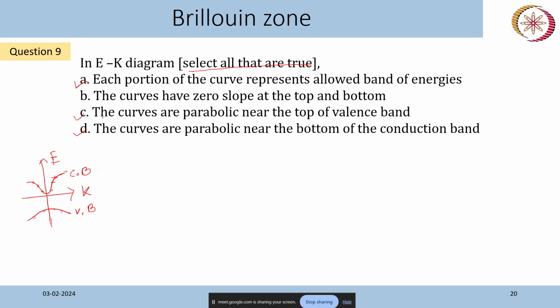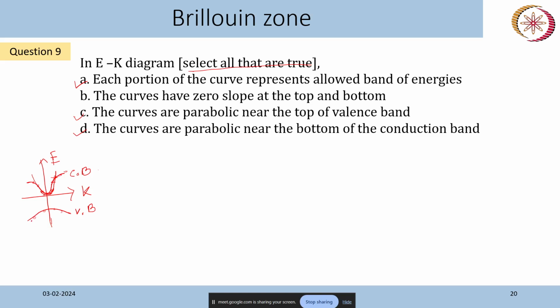Okay, let's first consider these two, C and D. The curves are parabolic near the top of the valence band and near the bottom of the conduction band. From this figure you can see that we can fit a parabola at the bottom part. The parabola will not fit nicely at the edges.